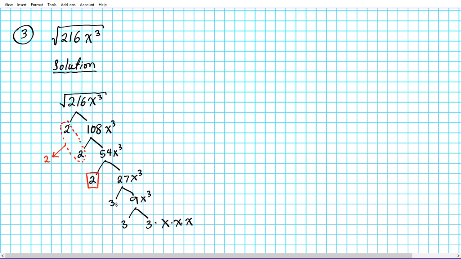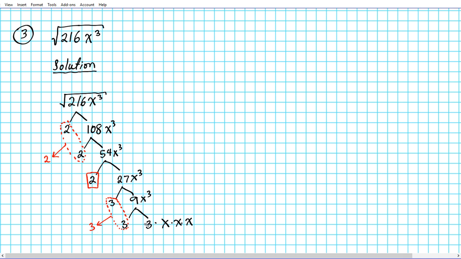Oh, look at this. We have two threes, two factors that repeat. So that's 3 times 3, or 3 square, or 9. If you take the square root of 3 times 3, or 3 square, or 9, the square root is 3. Remember, it always breaks out as just 1.